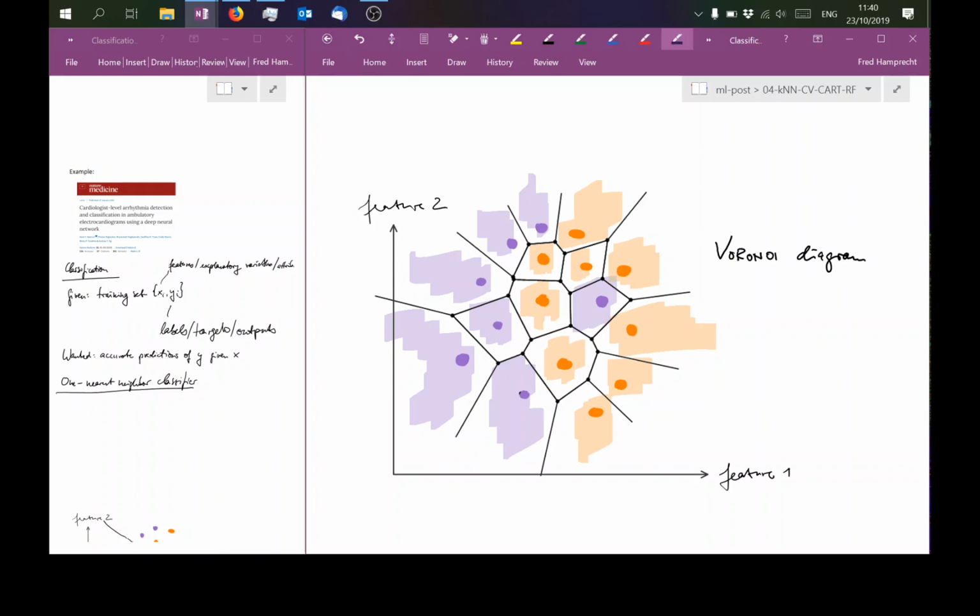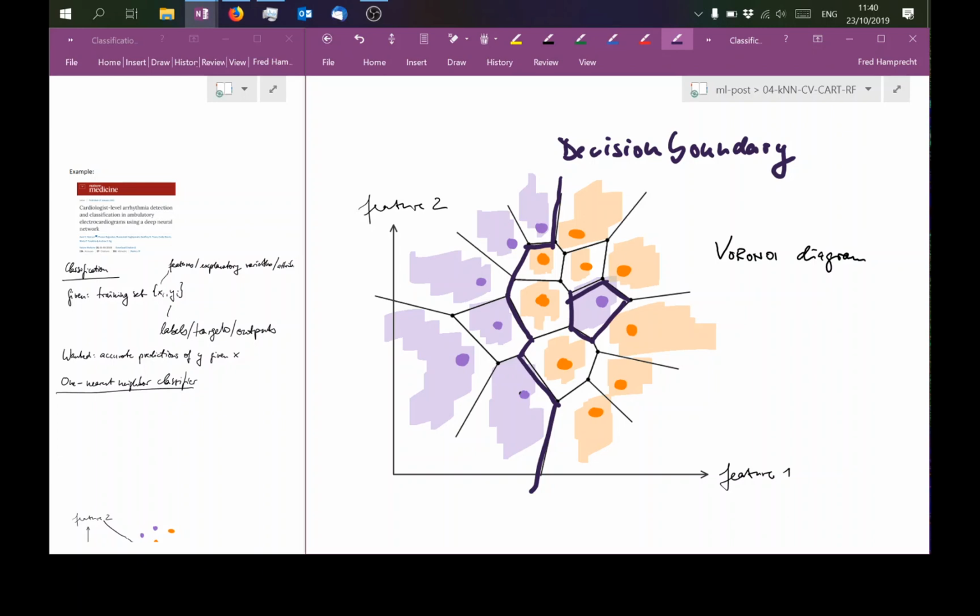Alternatively, I can draw the decision boundary. So I can only highlight where the two classes change, or where my prediction changes. The thing that I've now sketched here in black is called the decision boundary. And actually in k-nearest neighbors, this decision boundary is a conceptual thing.